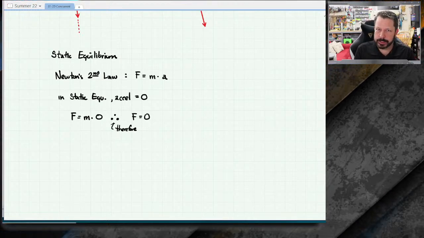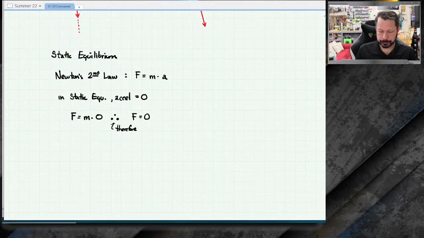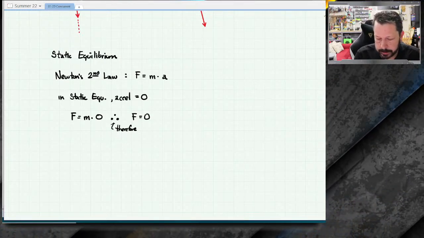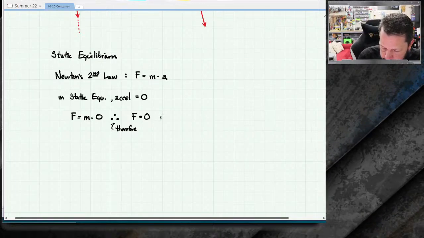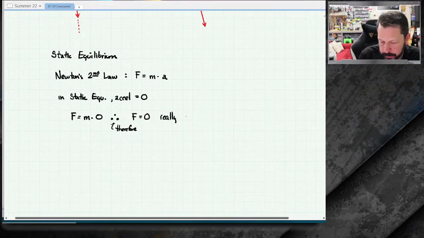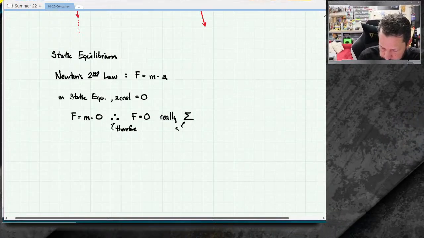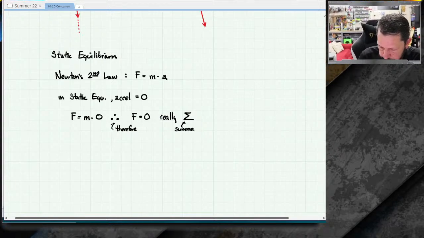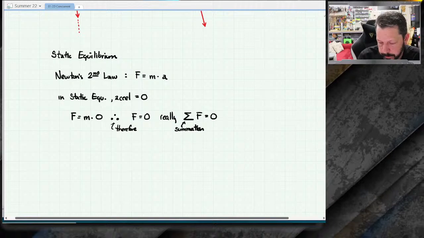So we know there's forces there. So it doesn't actually mean that force equals 0. What it really means is the summation of forces equals 0. I'm going to use the capital sigma there for summation. Summation of forces equals 0.